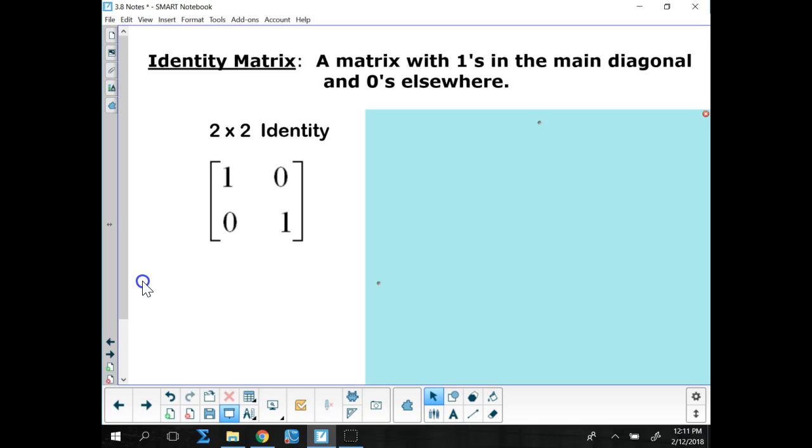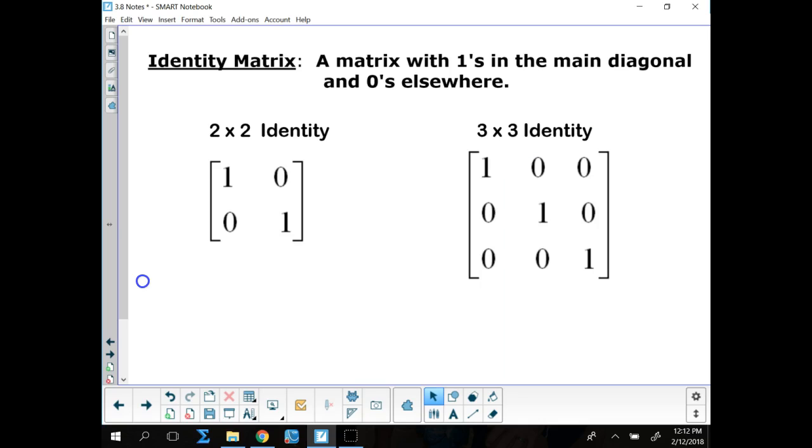It's got 1s down the main diagonal, the criss, if you will, and it's got 0s everywhere else. A 3 by 3 identity matrix looks like that. It's got 1s down the main diagonal and then 6 zeros in all of the other elements.